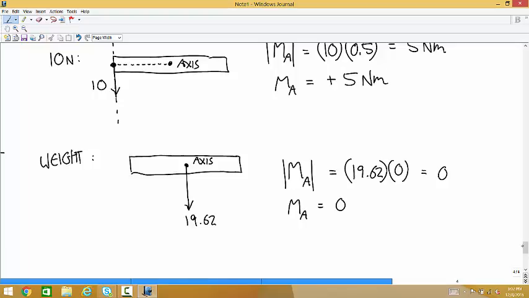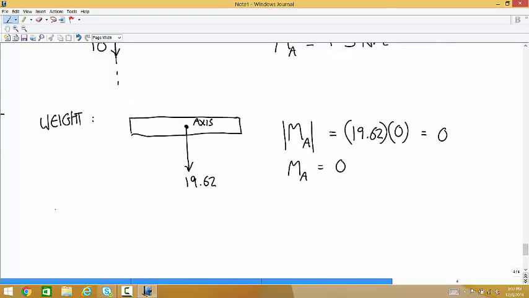And then the last one is that 5 Newton force. The 5 Newton force has a line of action like this. Here's the axis. And so we need to move it to here. Then the force of 5 newtons is perpendicular to the line between the axis and where it's applied.